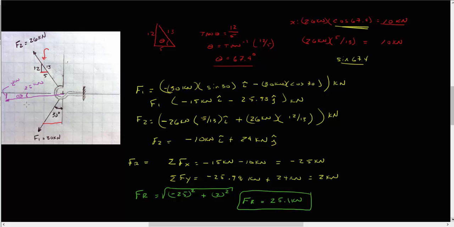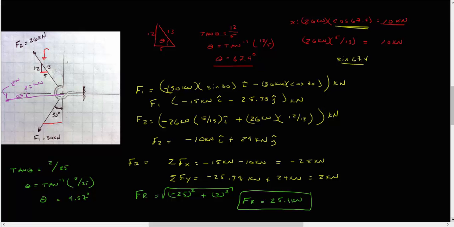And then to solve for theta, we could say that the tangent of theta is equal to the opposite over the adjacent. So theta is equal to the arctangent of 2 over 25. Plugging that into my calculator, I get 4.57 degrees.